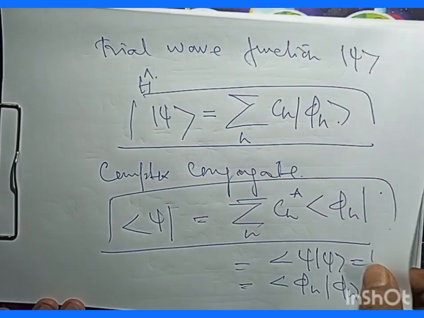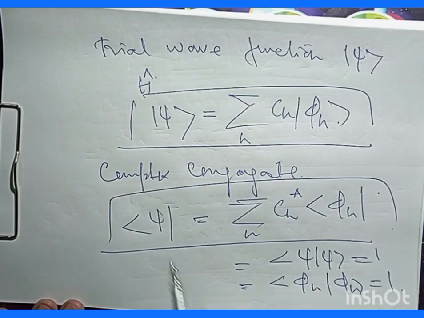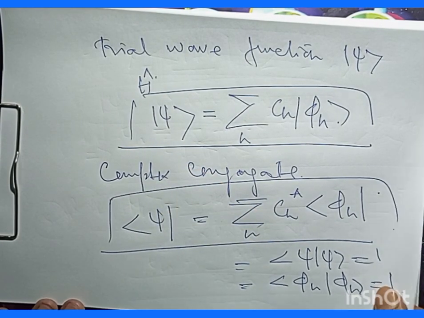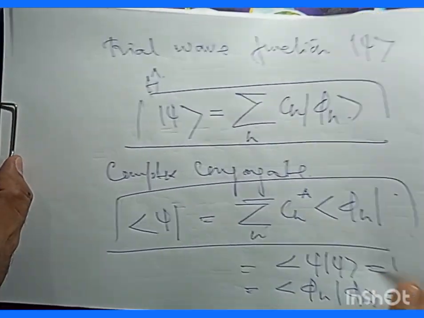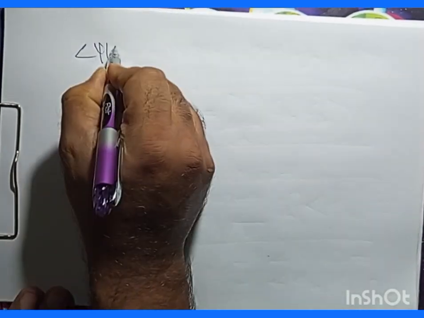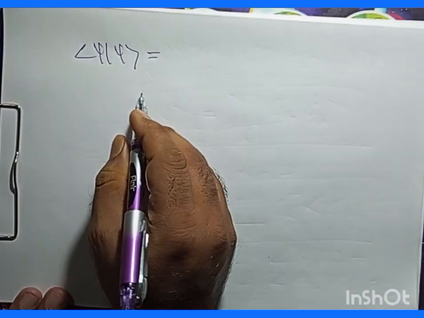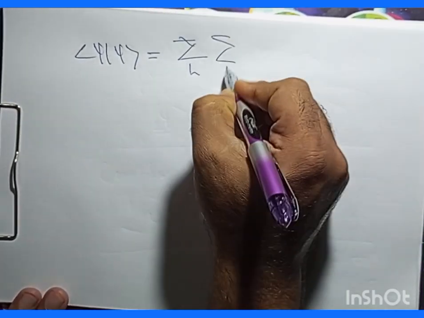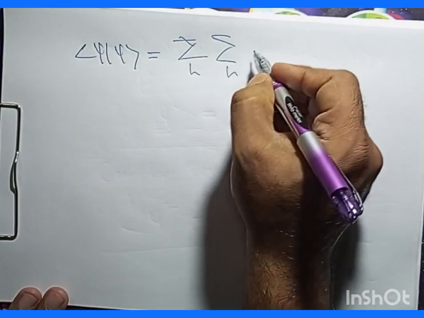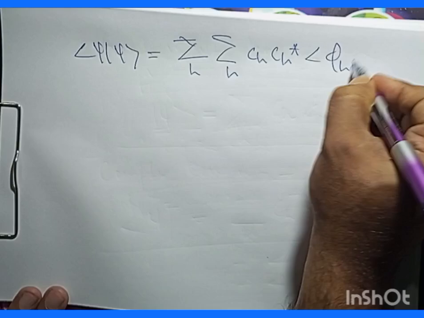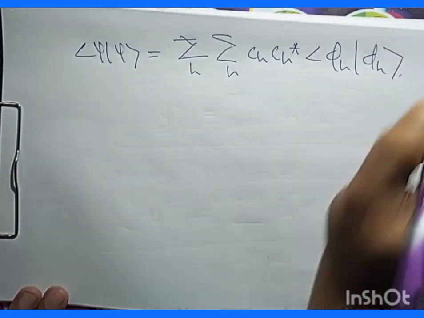So if I write down this state as <psi|psi>, this will be equal to the sum over n of Cn star, then <phi n|phi n>.